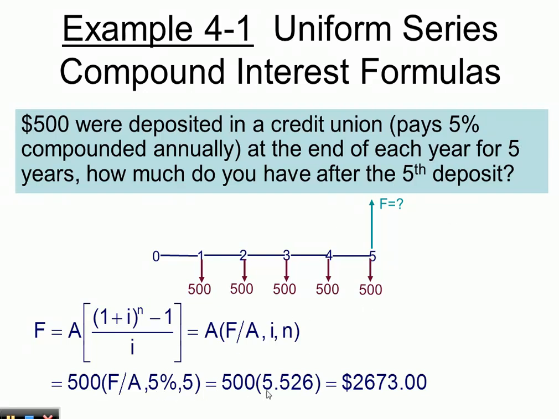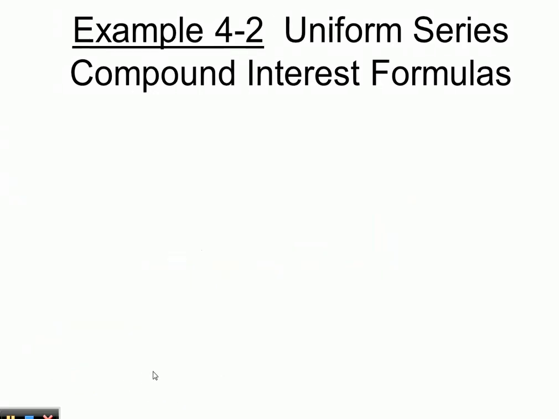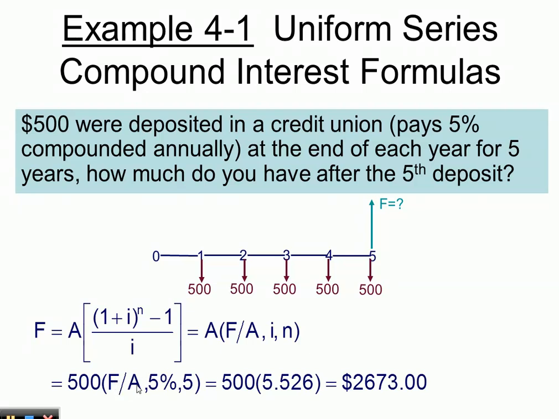Then find this factor in your book, on the page that gives you the 5% values for the discount factors, looking at F given A, and you'll get this value here. Then you just multiply to get this amount.